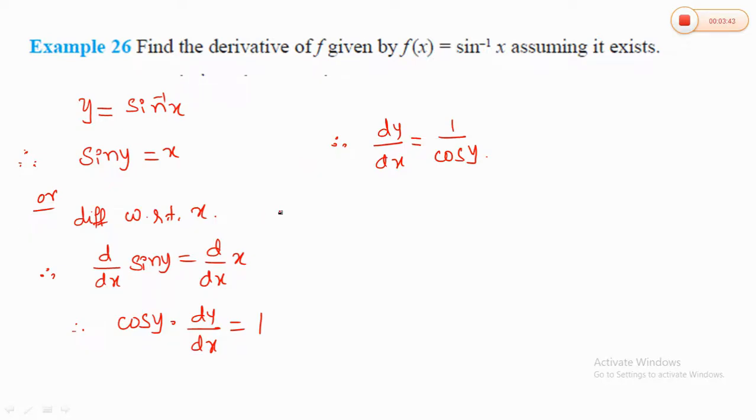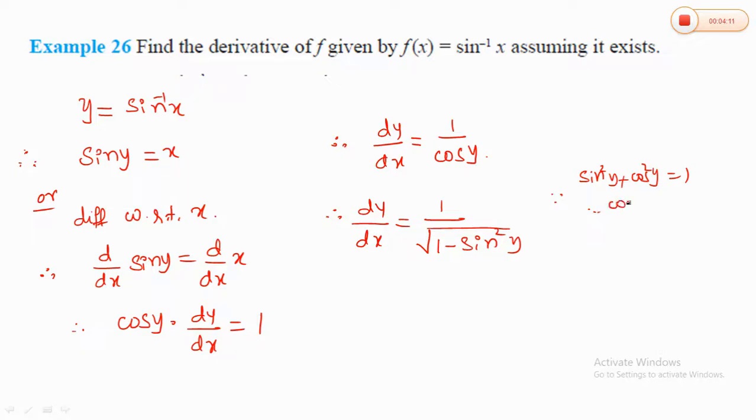Therefore observe here, dy by dx equal to 1 upon root of 1 minus sin square y, because sin square y plus cos square y equal to 1.